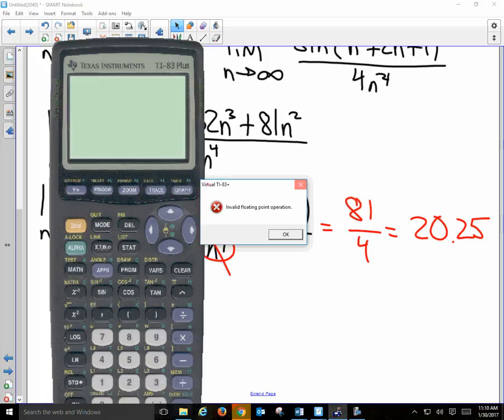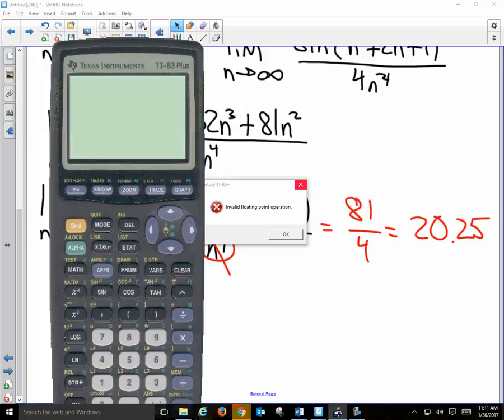So go to your calculator, type in the function. Y equals x to the third.